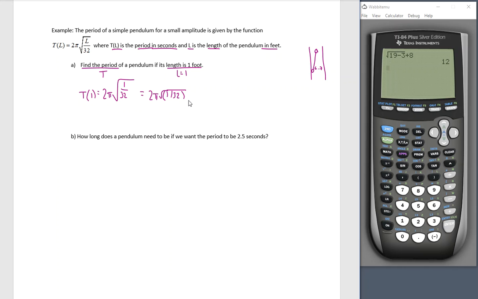It might look like this on some of yours. 2 pi square root of 1 divided by 32. And we will get 1.110720735, which we will approximate as 1.11 seconds.